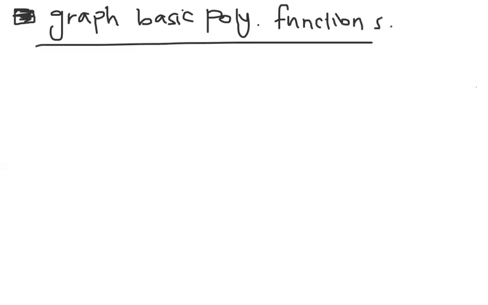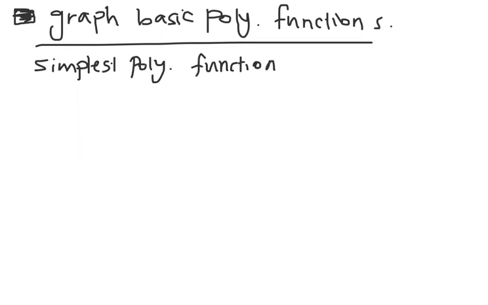We know the simplest polynomial function looks like this: p of x equals x to the n.